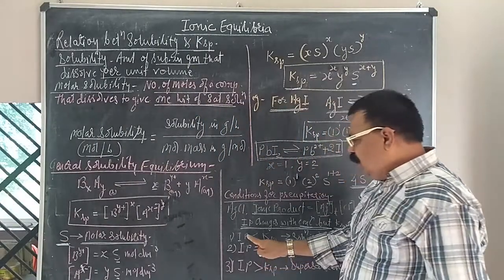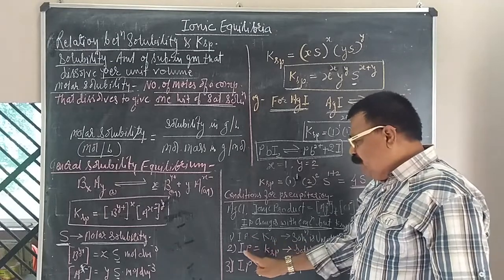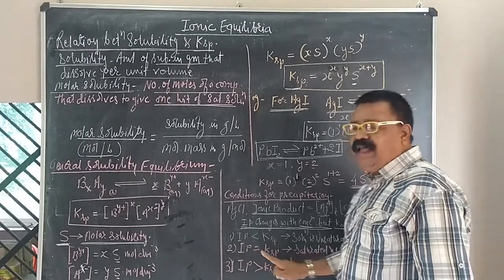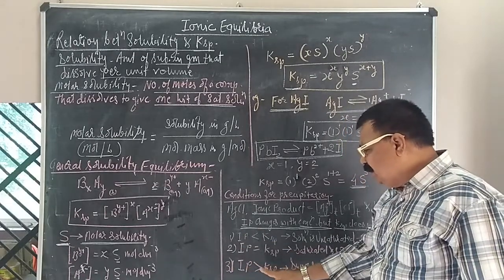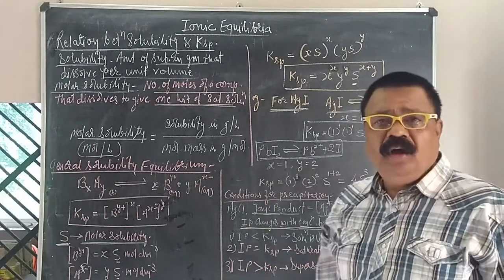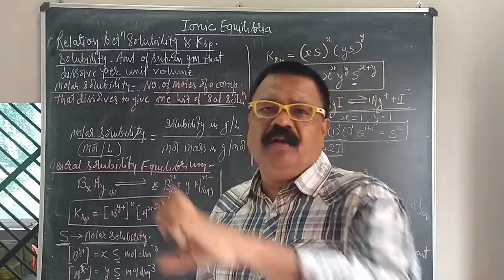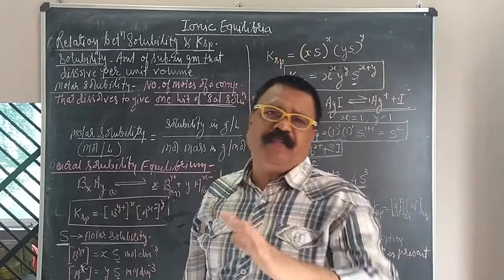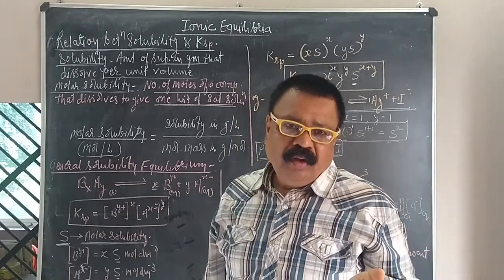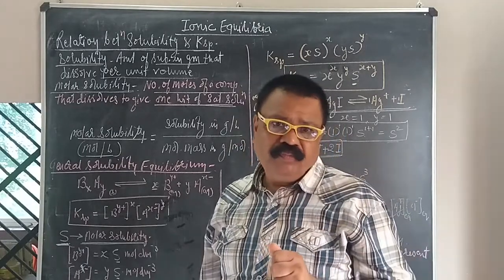Now we are coming on the three different terms. If the ionic product is less than the solubility product, if the ionic product is exactly equal to the solubility product, and if the ionic product is greater than the solubility product, these are the three conditions which are responsible for the precipitation. अब देखिए यहाँ पे कौन सी कंडीशन प्रेसिपिटेशन के लिए होती है? जहां प्रेसिपिटेशन नहीं होता तब की कंडीशन क्या होती है?